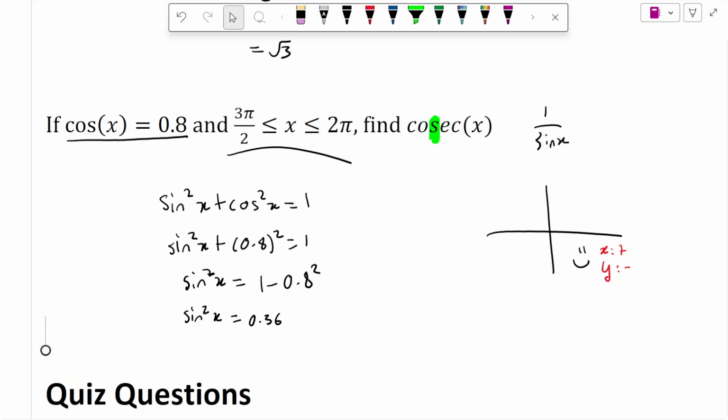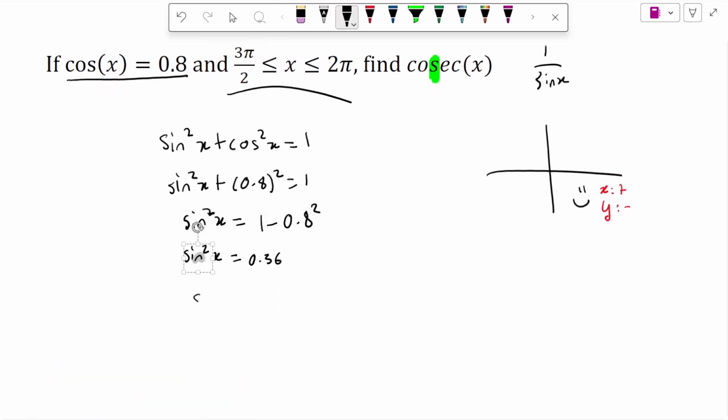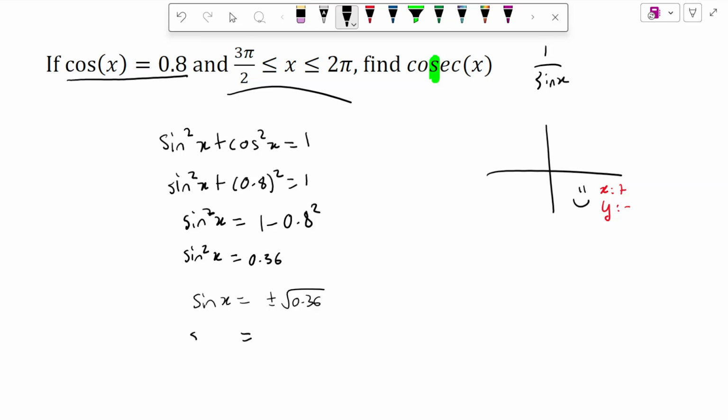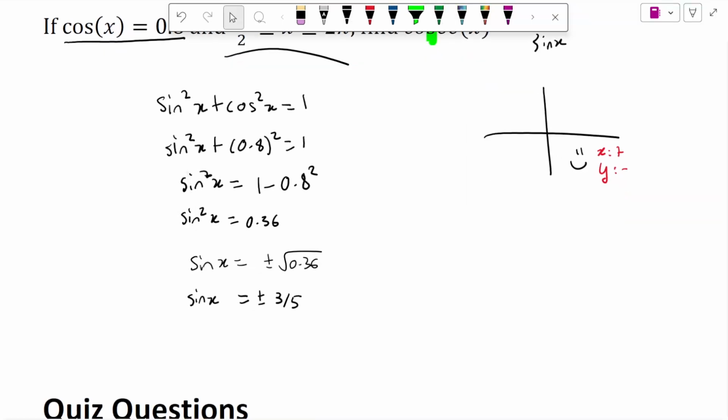So then that would tell us that sine of x is plus or minus root 0.36. So we'll get the square root of that. So sine of x is plus or minus 3/5. Now, it ends up being the negative version because we talked about how y was negative in this quadrant.